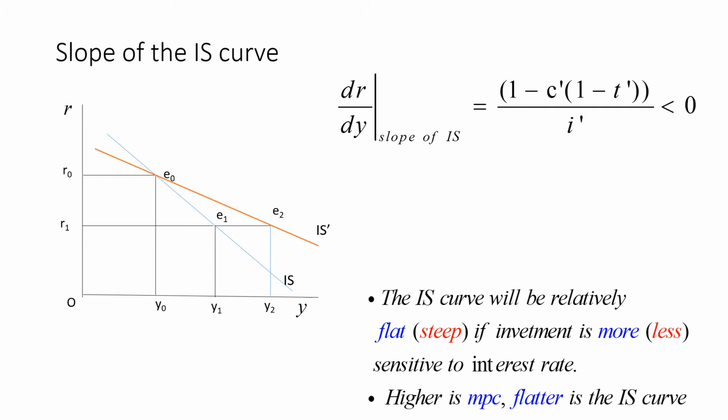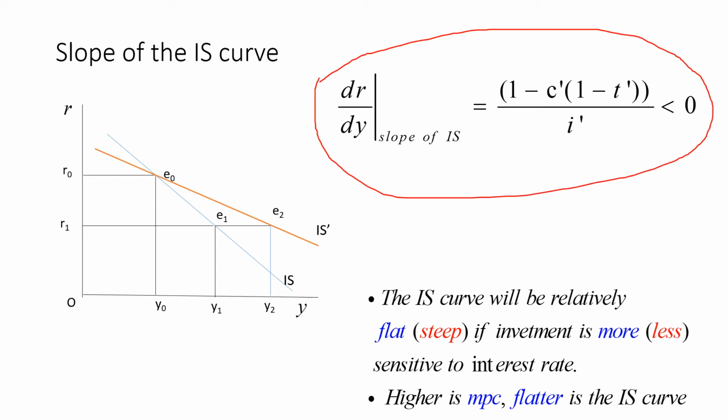But for the time being, let's understand on what factors the slope of the IS curve depends. If you consider the mathematical expression of the slope of the IS curve, you will understand on what factors the slope depends.